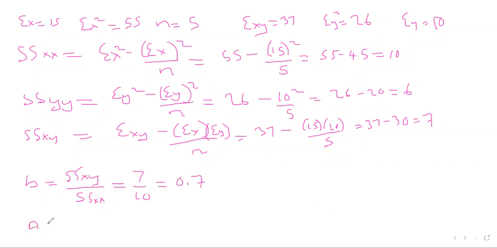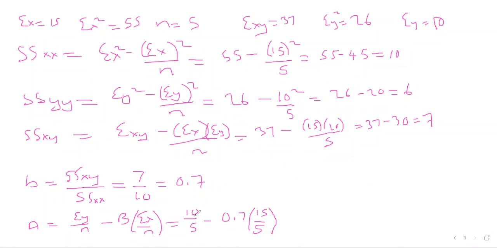A, who remembers the formula for A? Summation of y over n minus b times summation of x over n. So here we have 10 over 5, minus the b that you found on top, 0.7, times summation of x, which is 15, divided by the n, which is 5.